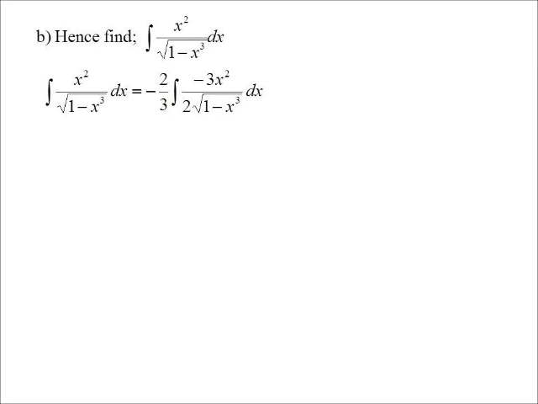So, oh, sorry, it was minus 3 on 2, was it? So we make it minus 3 on 2. Can't change the question, though, so I balance it out by multiplying by minus 2/3. Well, we know the value of this integral is the square root of 1 minus x cubed.